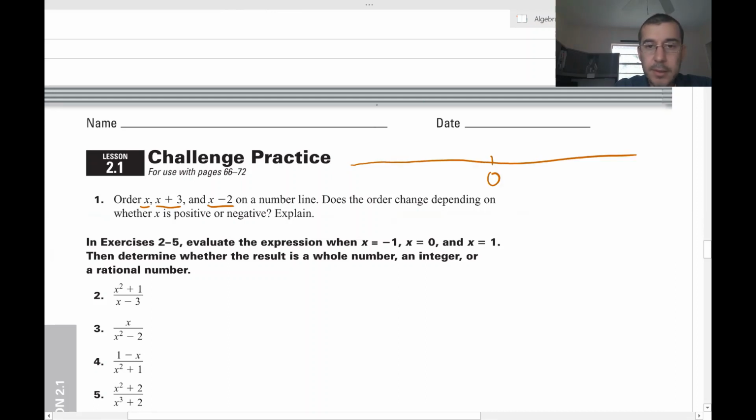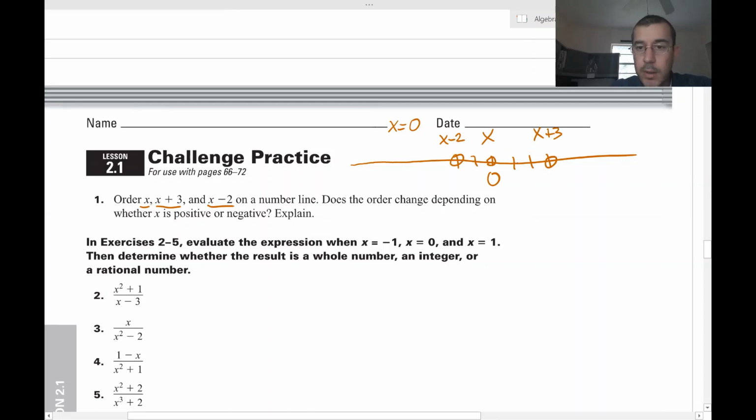Let's say x is 0, right? If x is 0, then the first number is going to be here. Then x plus 3 would be 1, 2, 3. So x plus 3 would be right here. This would be x plus 3. This is x, and then x minus 2 is 1, 2. So this is x minus 2. Okay. So if x is 0, this is what we have.